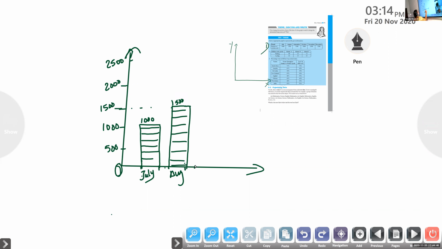September also 1500. September same, 1500.